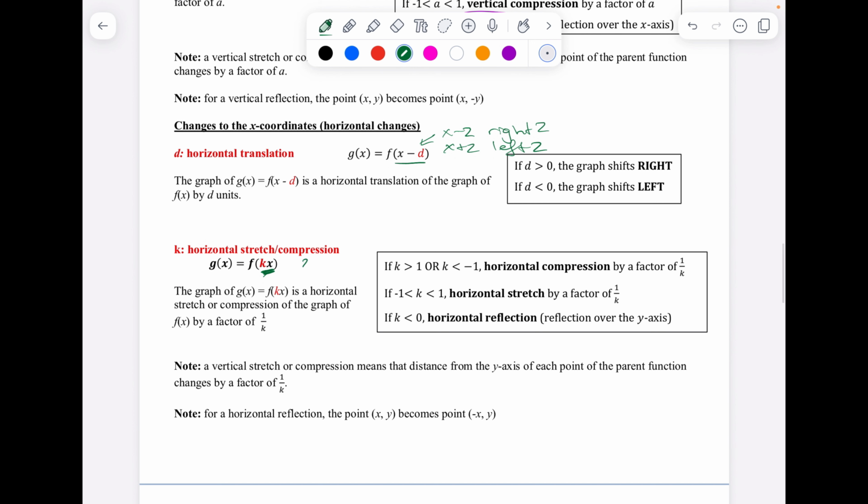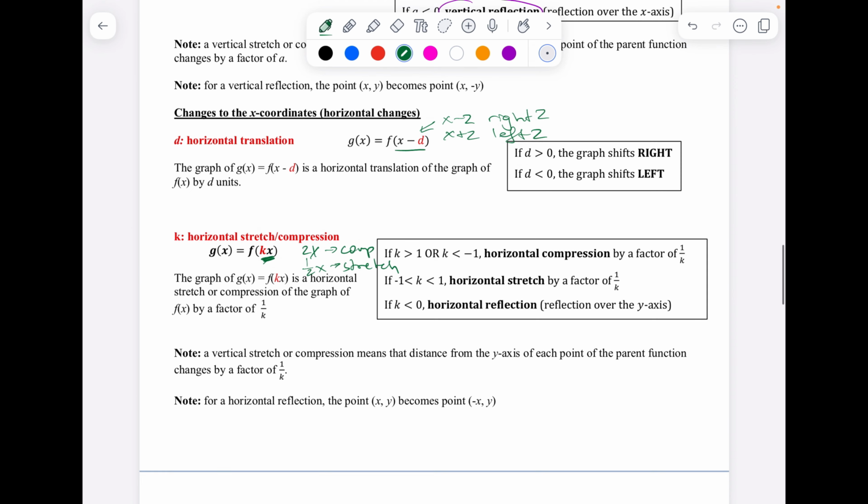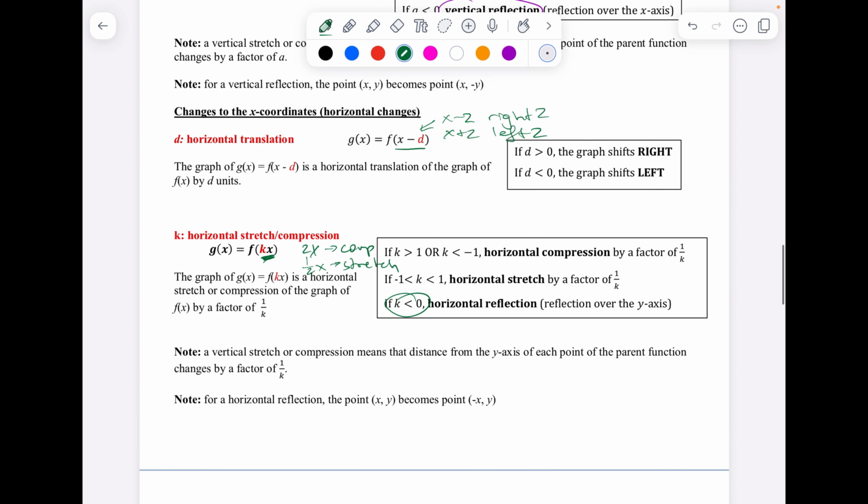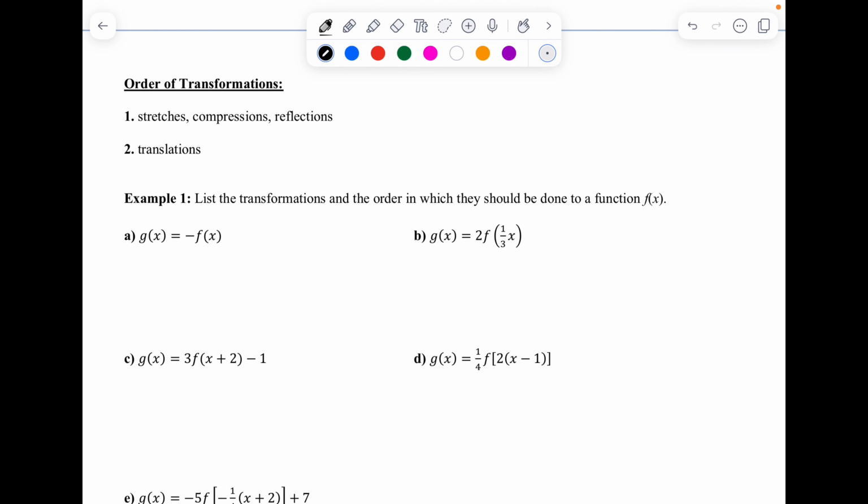So same here, 2x would be a compression. A half x would be a stretch. Okay, we'll see more examples of that. And again, if we have a negative k value, then it's called a horizontal reflection. So the order of transformations is important.